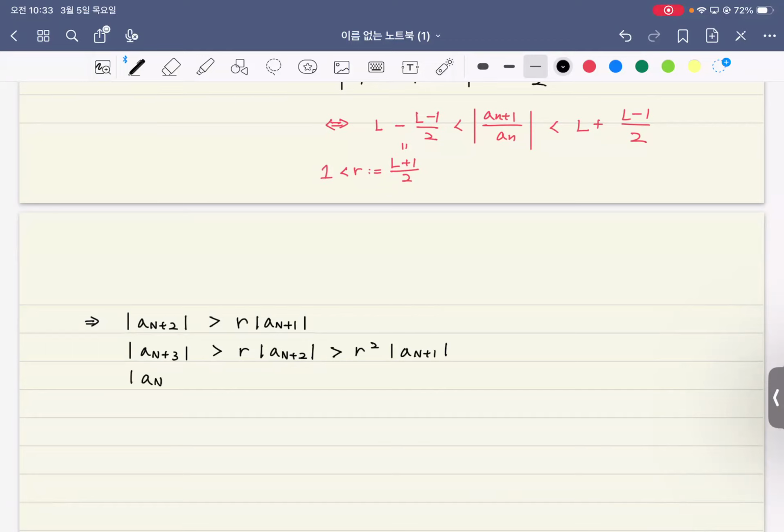And a n plus 4 is greater than R times a n plus 3, which is R to the third times a n plus 1. Likewise, repeating like this, a n plus k is greater than R to the k minus 1 times a n plus 1.